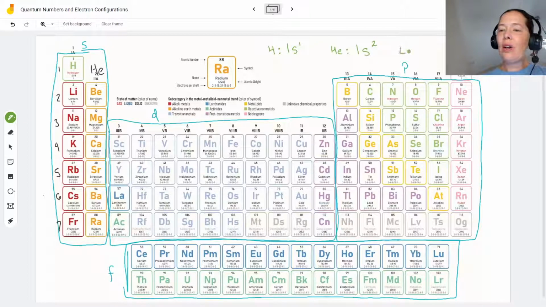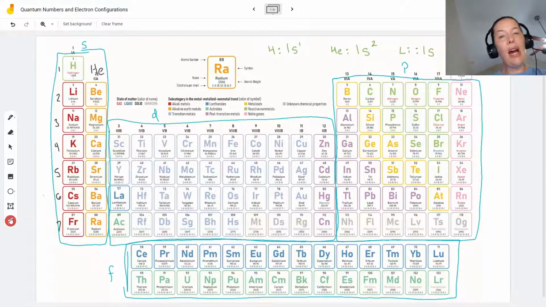Let's go to lithium. So lithium has 3 electrons, so we need to specify where those 3 electrons are. Once I get past hydrogen and helium, I always think to myself, I really am starting with that first electron. I'm starting with where hydrogen is on the periodic table. It is in the first row, and it's starting in the s orbital because I'm in the s block.